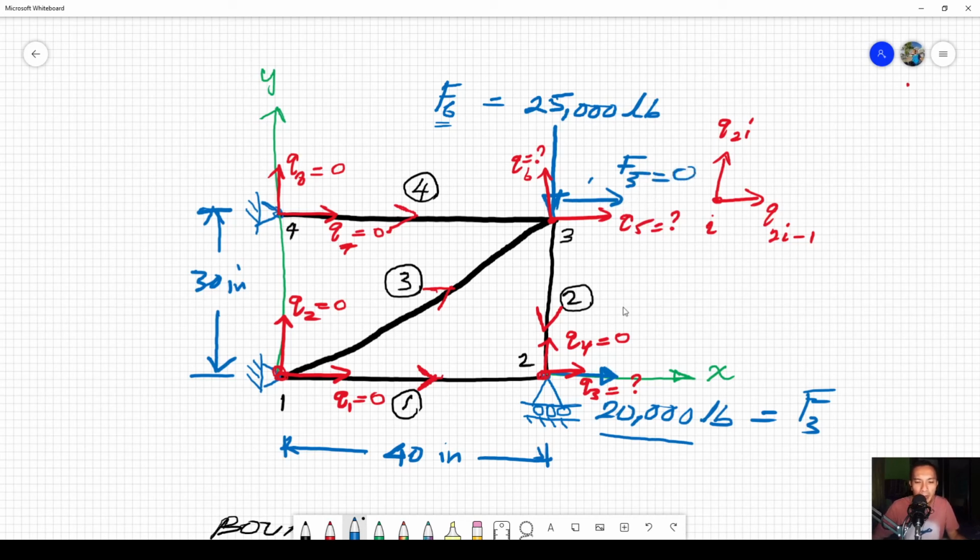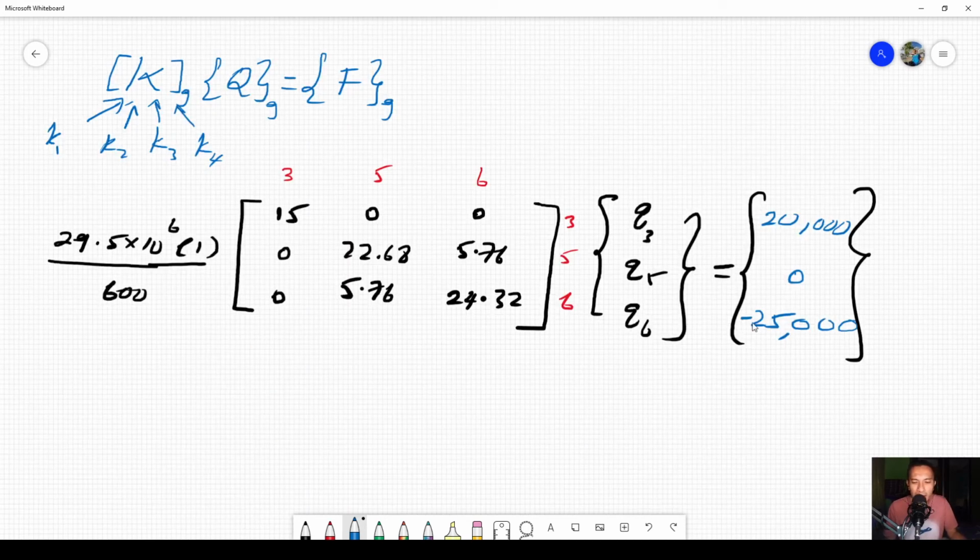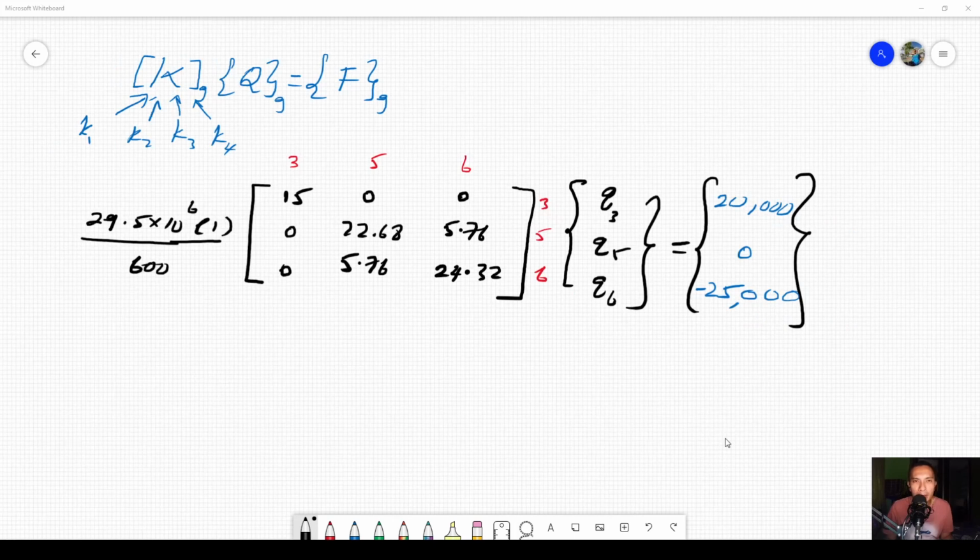So we have all of this done, then we can transfer these values into our system of linear equations. The negative sign for F6 here refers to the negative direction of force as compared to the positive y direction. Our system of linear equations is now ready to be solved for the unknown displacements Q3, Q5 and Q6.